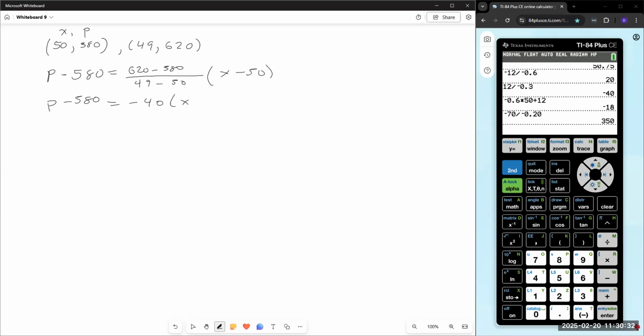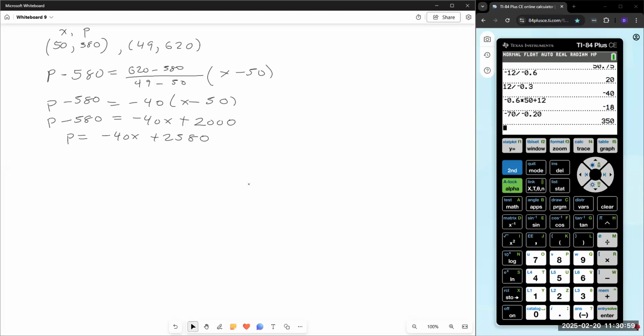So P minus 580 is negative 40x plus 2000. And then we have P is equal to negative 40x plus 2580.